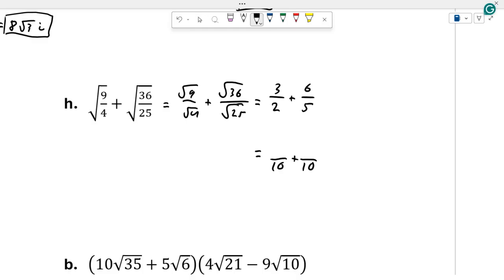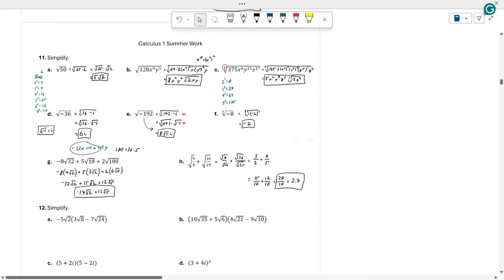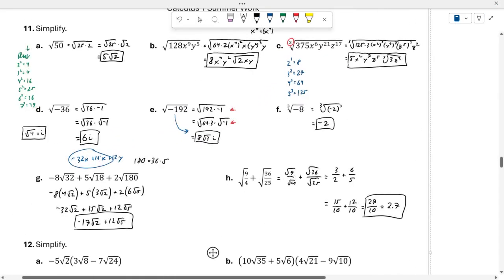So 3/2 can be rewritten as 15/10, and 6/5 can be rewritten as 12/10, right? So now I just have tenths, and 15 plus 12 is 27, and 27/10 is the same thing as 2.7. So I would say that either one of those answers would be fine. So either 27/10 or 2.7. I'll zoom back out. And those are all of my final answers for question number 11.